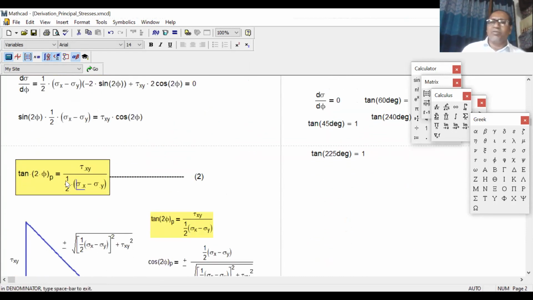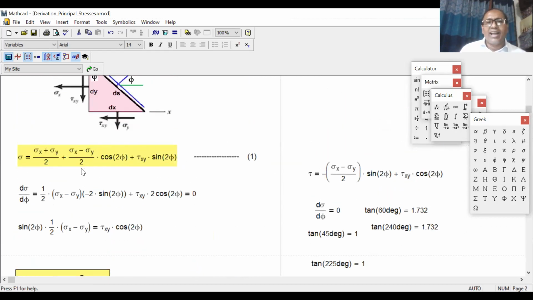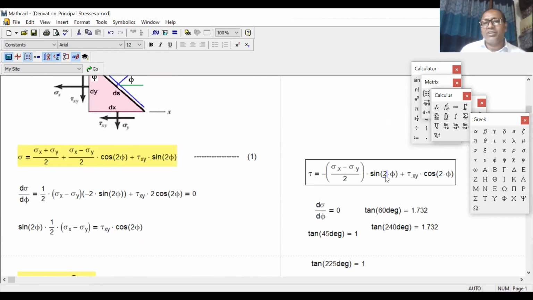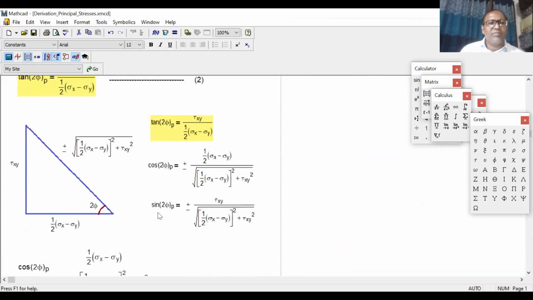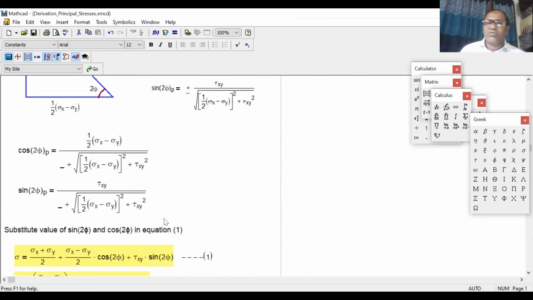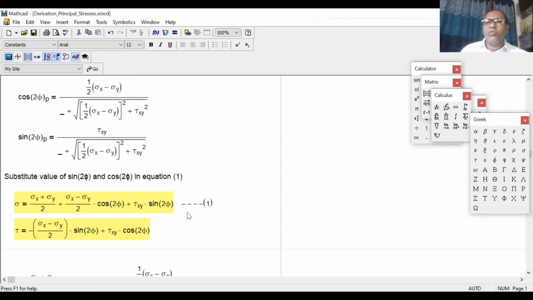Now we can stop over here. Without figuring out the bigger formula, we can figure out the tan phi angle. Two angles come from here. You put that angle in this equation and the tau equation, you get the value of tau and sigma. It's possible. But sometimes you need to cross-check that you are doing the right thing.